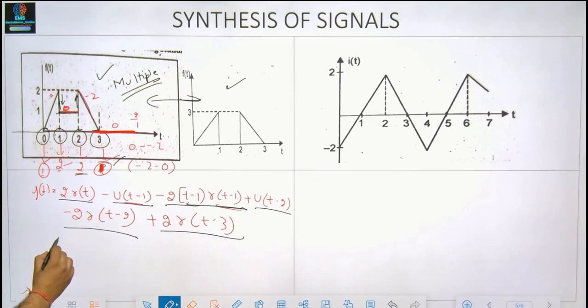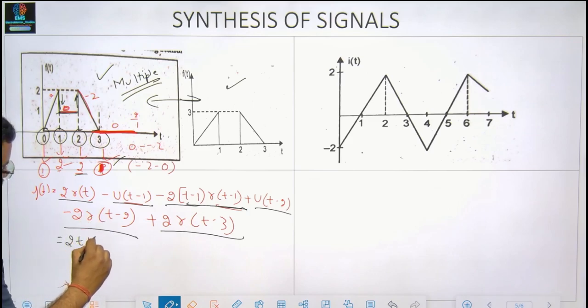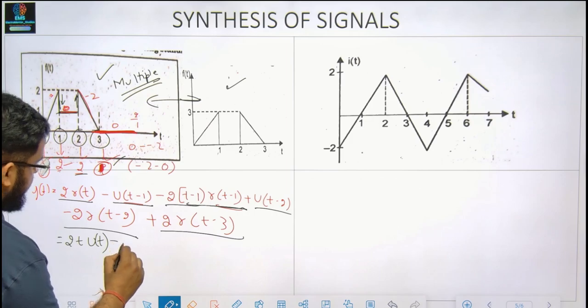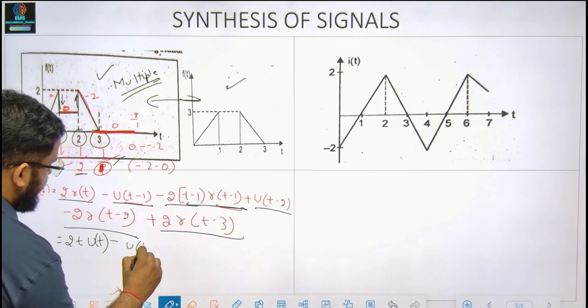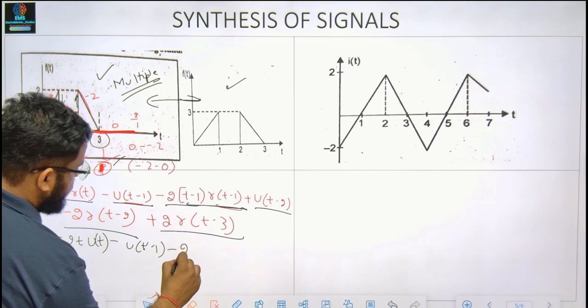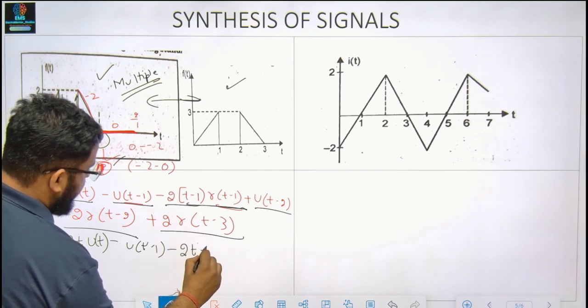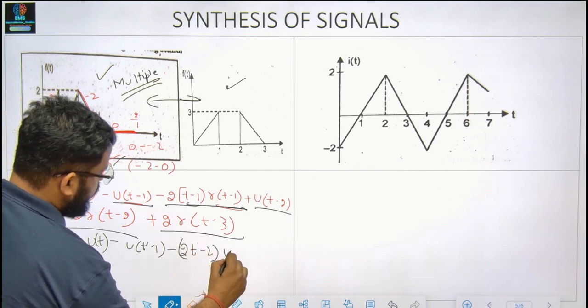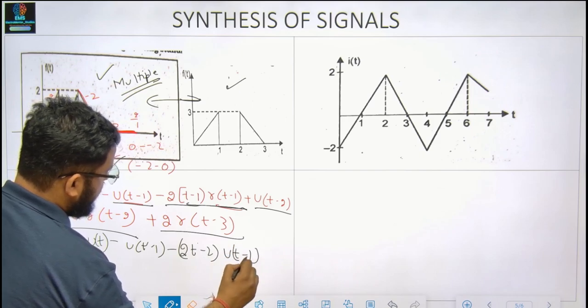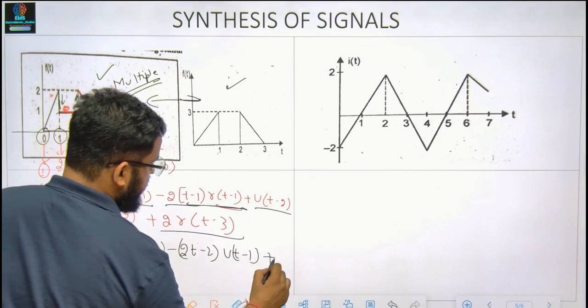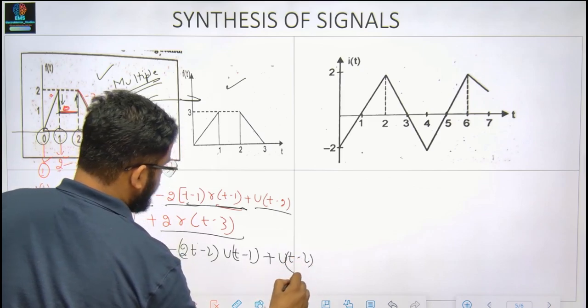So now I can write this as 2t u(t) minus u(t minus 1) minus 2 r(t minus 1) plus u(t minus 2).